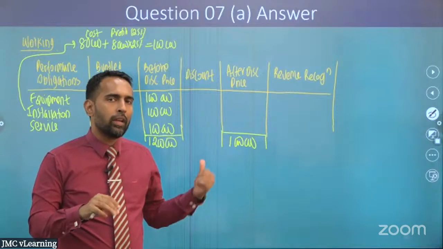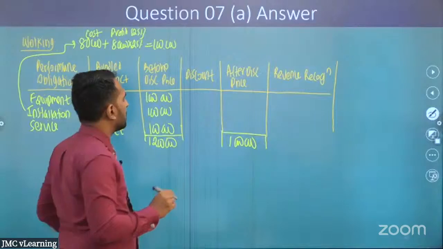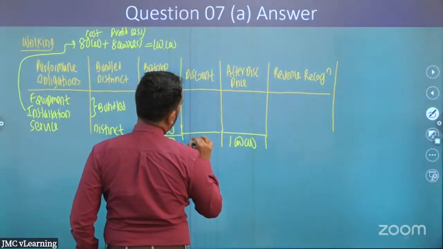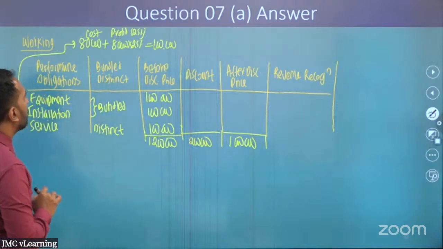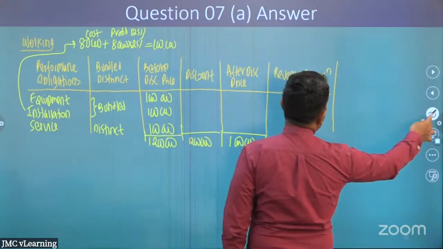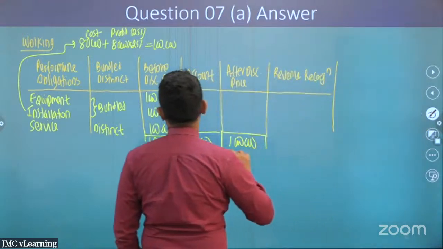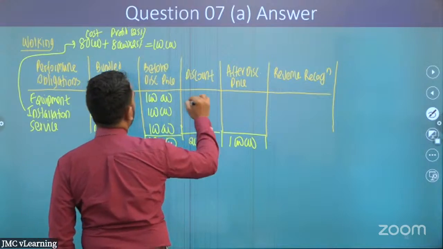Separately, it will cost you 1.2. Okay. Now you can see there's a discount of 200,000. Now this discount you have to divide among these three. So how are we going to divide the discount?